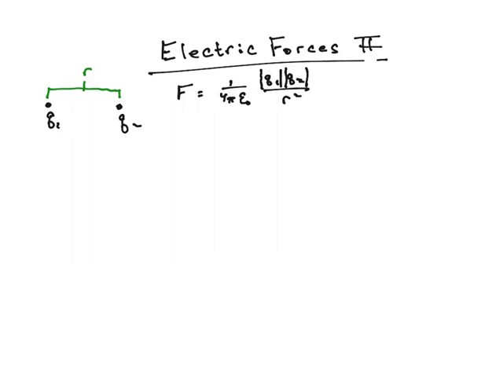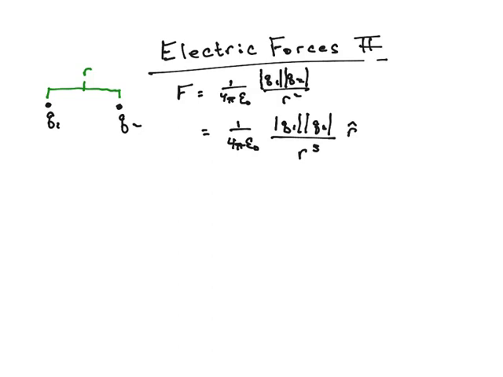Also, you might see something like 1 over 4 pi epsilon naught Q1 Q2 over r cubed r hat. Okay? Now, this version seems different than the previous version, obviously, because we have the force inversely proportional to the cube of the distance rather than the square.